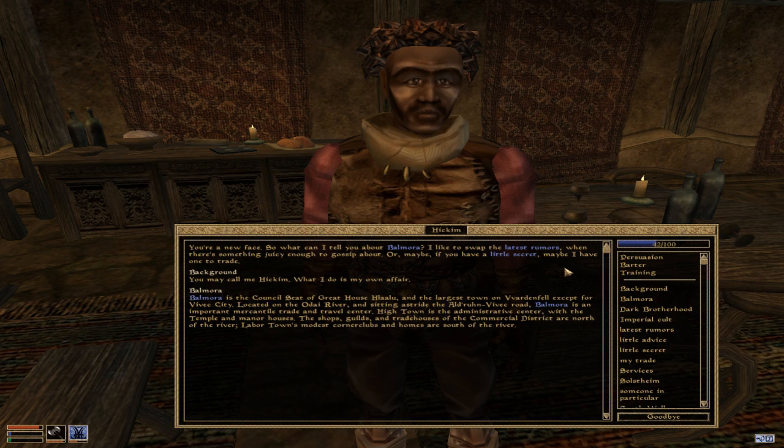Hightown is the administrative center with the temple and manor houses. The shops, guilds, and trade houses of the commercial district are north of the river. Labor towns, modest corner clubs, and homes are south of the river.